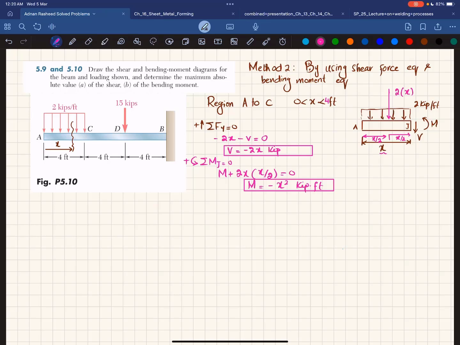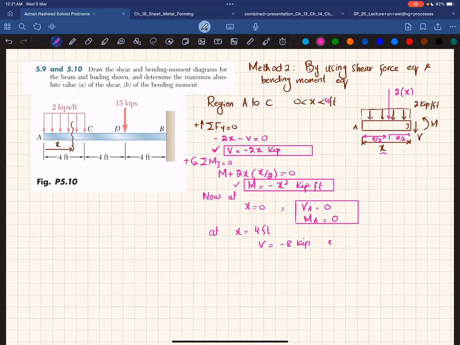Okay, now at x is equal to 0, put it in this shear force equation. So you will get VA is equal to 0. And if you put it in this moment equation, moment MA will also be equal to 0. So this is the value of shear force and bending moment at point A. At x is equal to 4 feet, what we will get if you put the value of x in this equation: minus 2 into 4 is minus 8, so V will be equal to minus 8 kip.